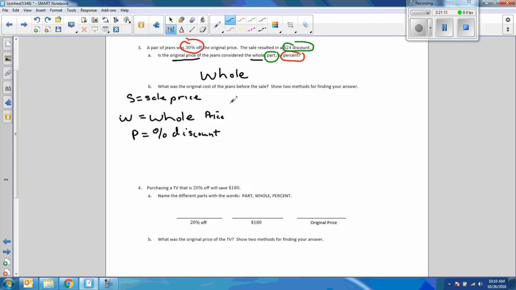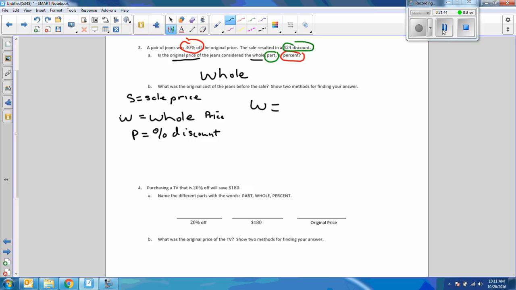Okay, there we go. So what was the original cost of the jeans before the sale? Well, whole price equals what we're going to discount, and then we're going to subtract that from. So we're going to take the, how can we do this?